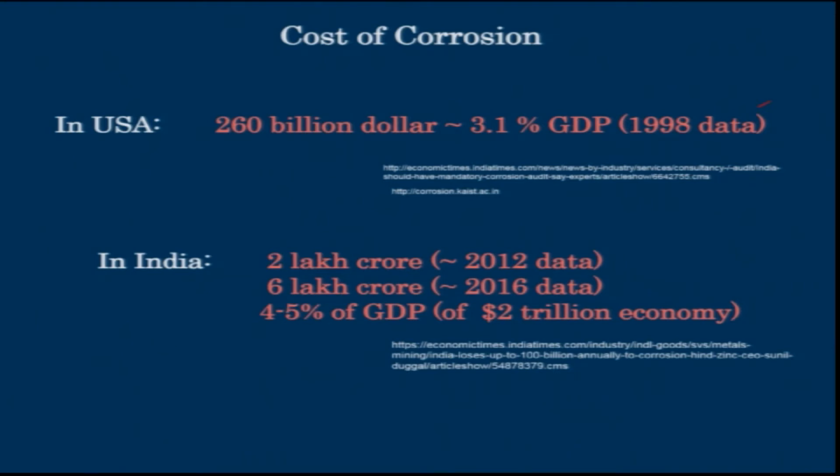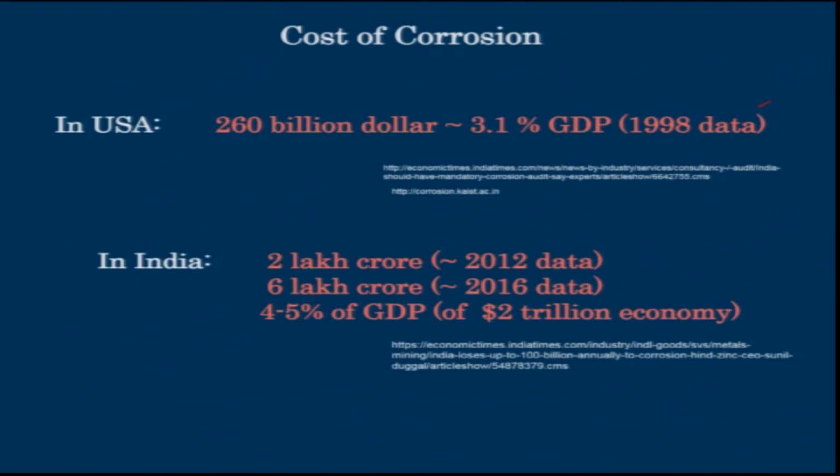Now, in India, I have put two data. One is 2012 data, 2 lakh crore rupees, and this is in the form of rupees. Then in 2016 data, this is the data we have, 6 lakh crore.